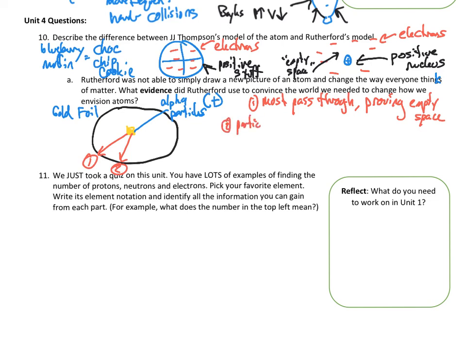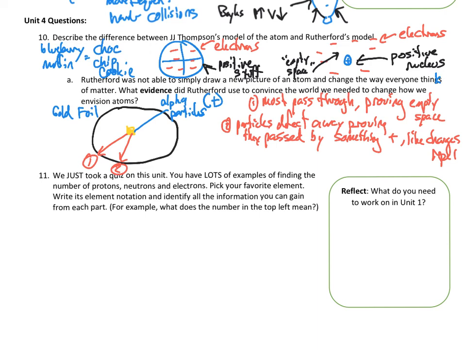Particles deflect away, proving they passed by something positive. Because again, the alpha particles are positive and like charges repel.